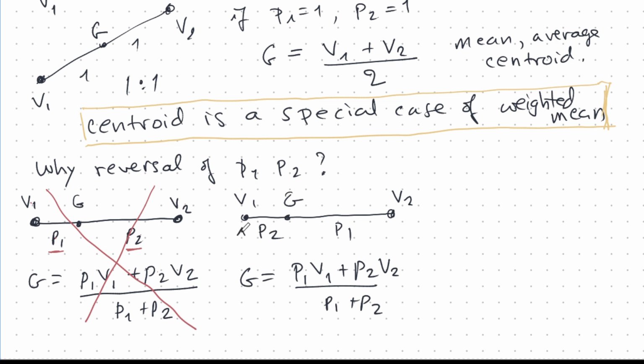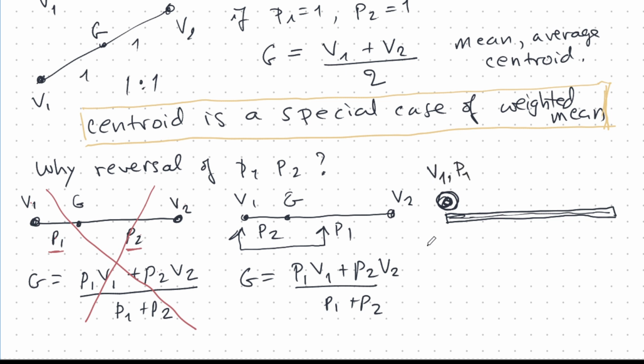The V1 is matched with the opposite side length, or not length, but proportion P1. Why is this so? Well, we can turn to physics to get an idea why. Once you see this analogy, it will all be clear. So let's say I have this bar and I have a very heavy mass here at point V1.